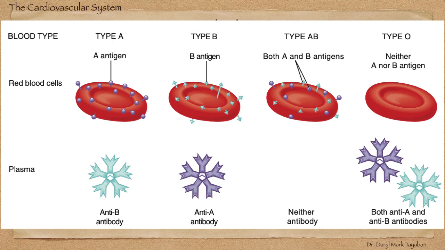His wife had a child, and later, because the child got sick, they realized that the blood type of the child is O. The blood type of the male is A, and the blood type of the female is also A. Both of them are A, and the child is O.